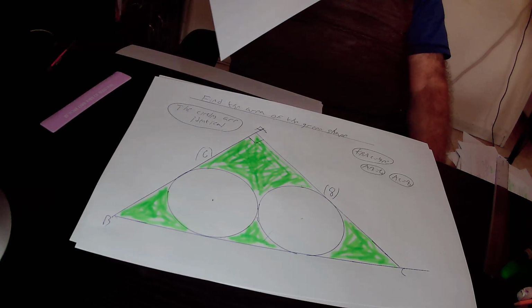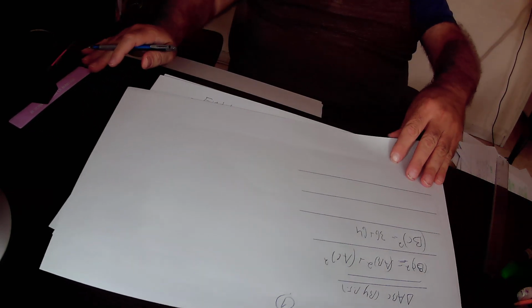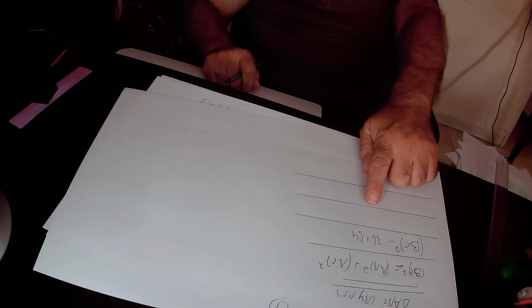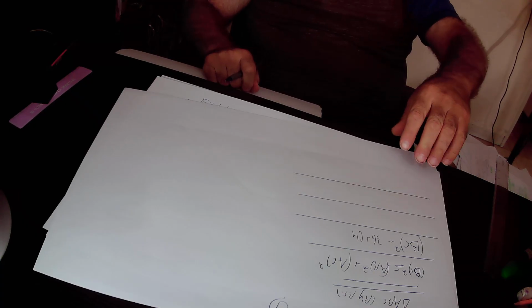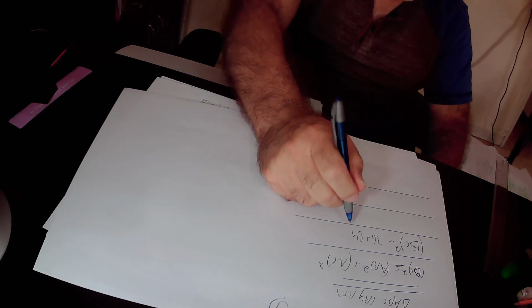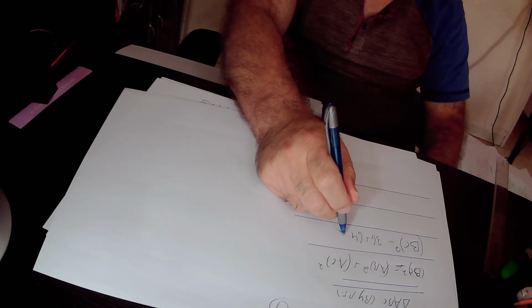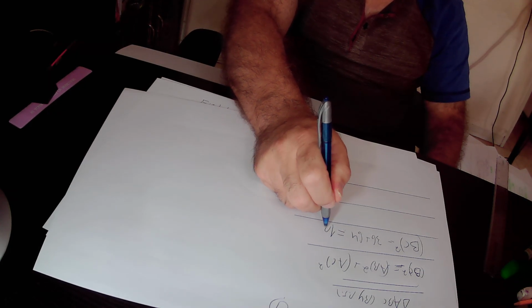So we found out that BC squared equals 36 plus 64. 36 plus 64 is 100.